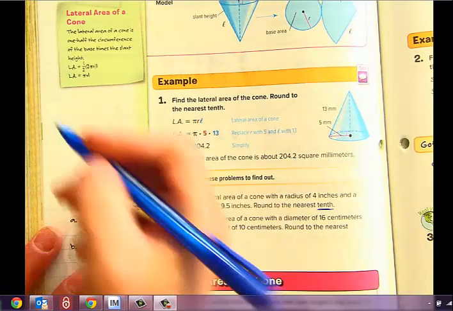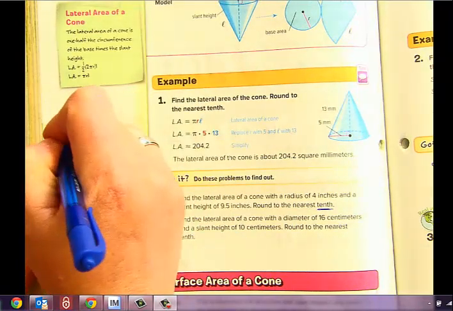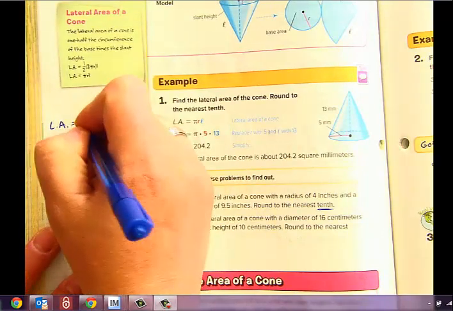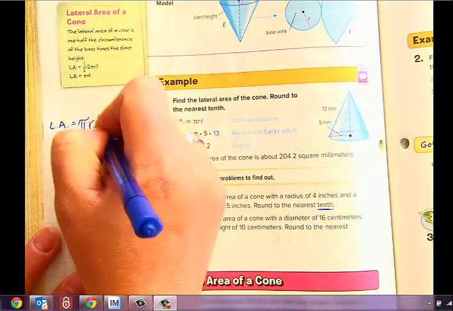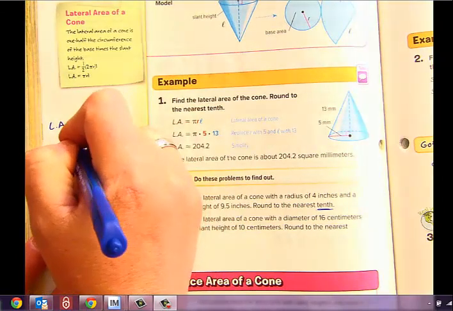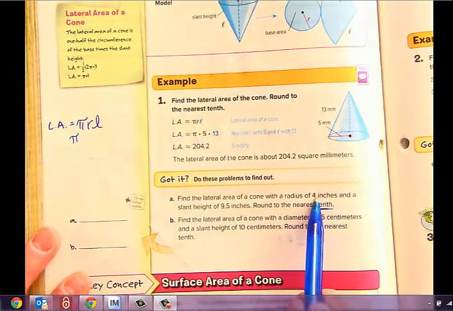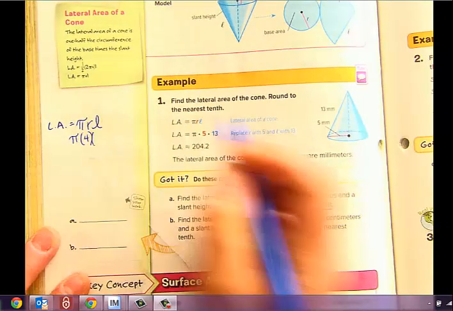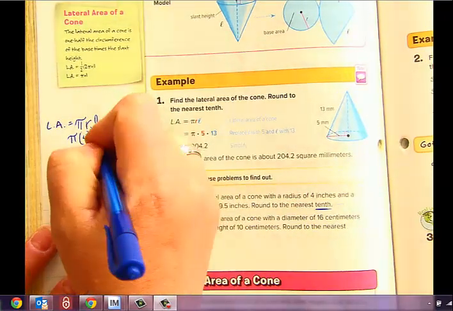To find the lateral area, remember we have to have at least 3 lines to do this. Lateral area is pi times radius times slant height. Pi doesn't change. My radius, it tells me, is 4 inches. So it's times 4 times my slant height of 9.5.